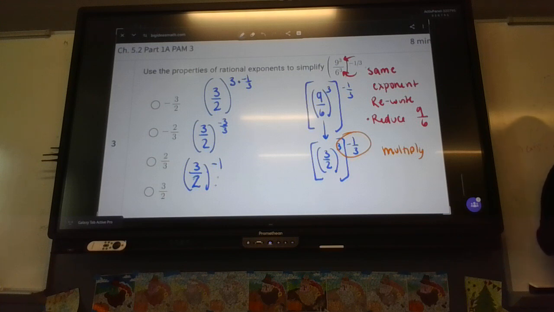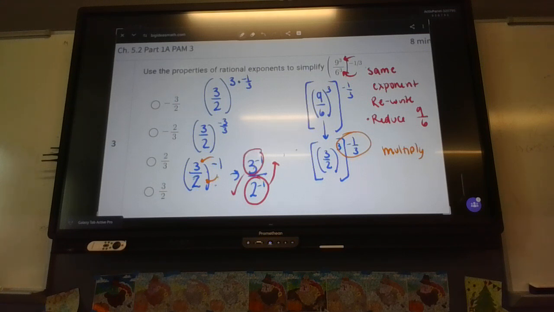So we have to leave our answers in positive exponents. So I'm going to put this back into the top and bottom. So this is 3 to the negative 1 over 2 to the negative 1. And negative exponents are really division, so I'm going to rewrite them. This negative 2 actually goes up to make a 2 to the positive 1, and the 3 to the negative 1 goes down.